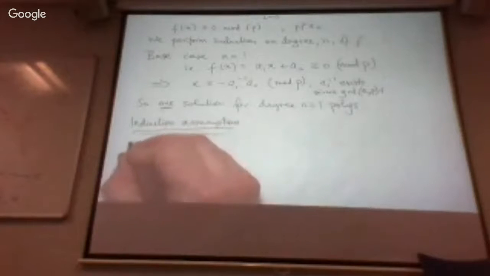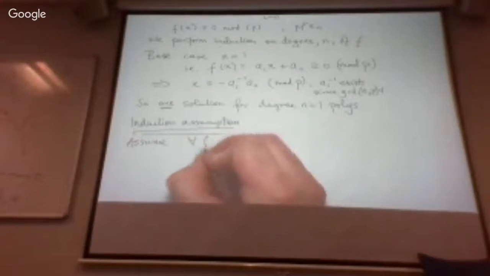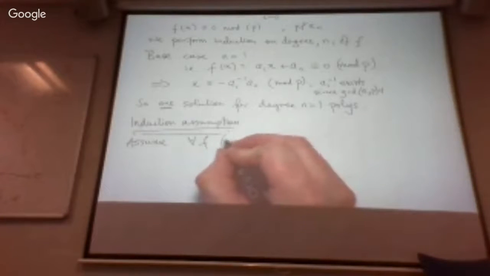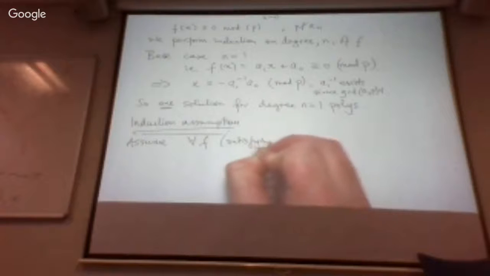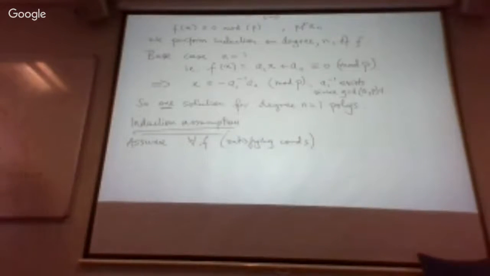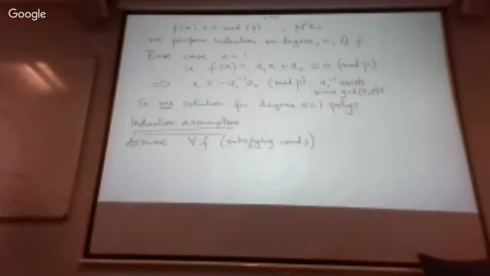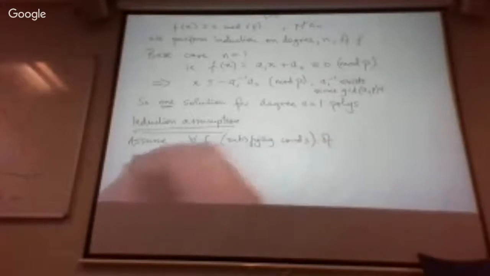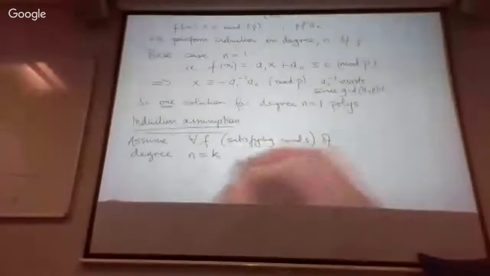So i.e. we assume for all f satisfying the conditions, those conditions about the leading coefficient not being divisible by p, okay, that's understood. For all polynomials f of degree k, the result holds.